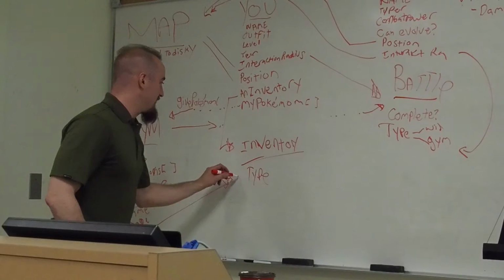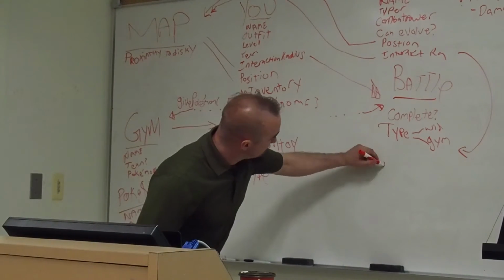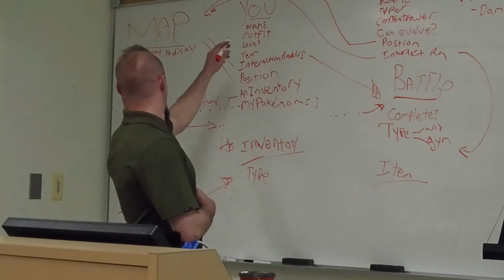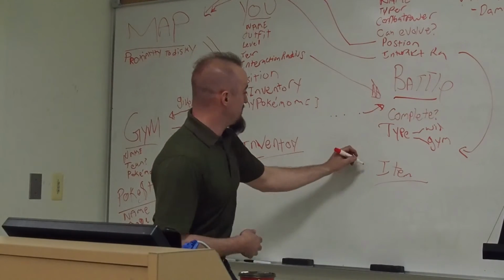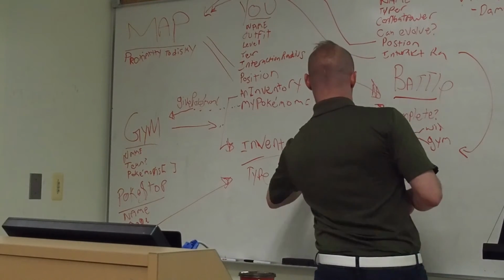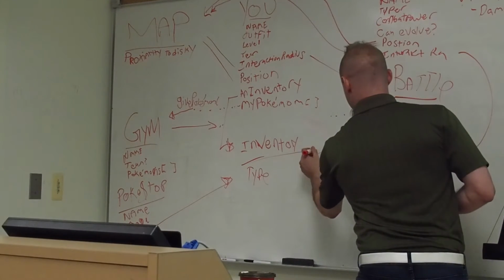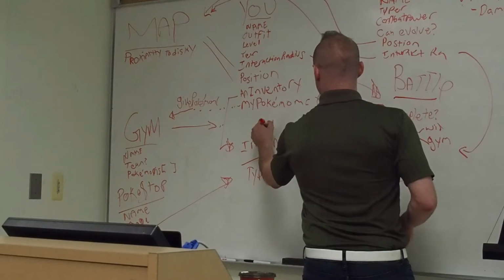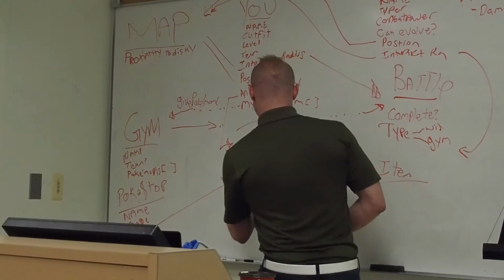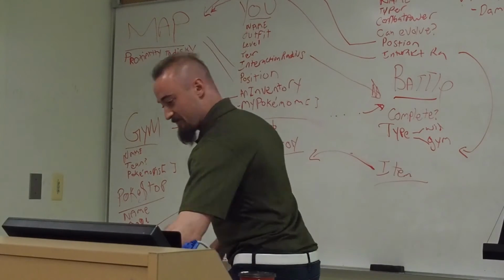Okay, so inventory, and then maybe let's just do one that's an item. How about we do that? Because you can have items. Actually, no, you can't have items. You can have items in an inventory that's owned by a person. And then an item type.